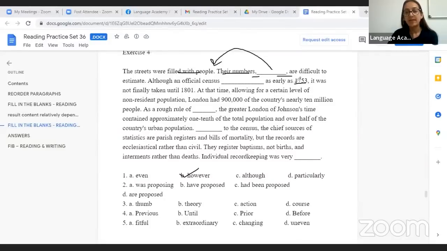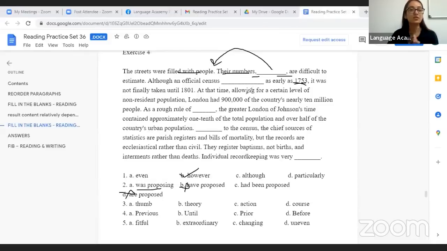So something that happened in the past in 1753 cannot be "are" and cannot be "have", because both of these are present tense options. Now, "was proposing" or "had been proposed". If it would be an official census was proposing, what does that mean? The census was proposing to someone, or the census was proposing something.